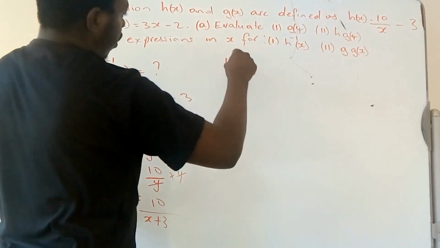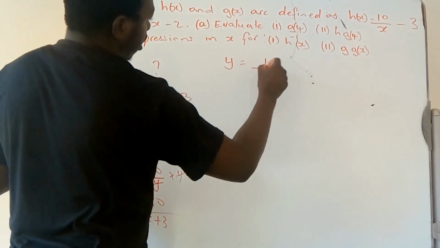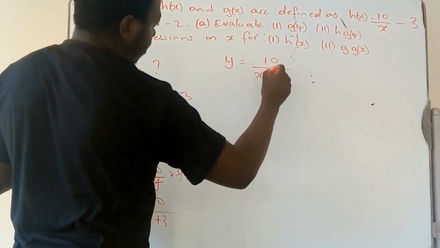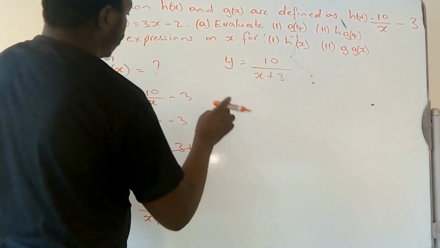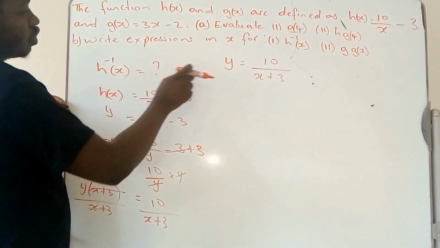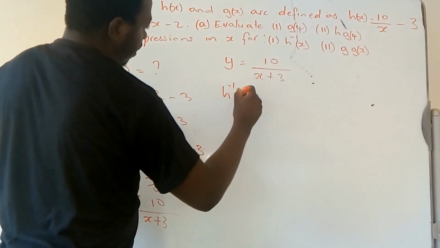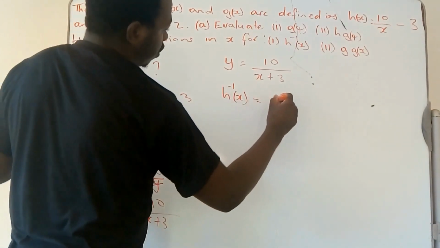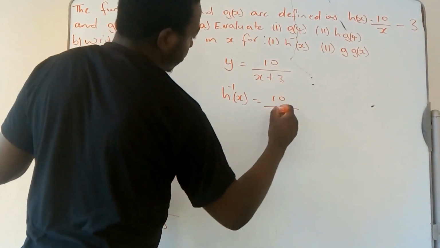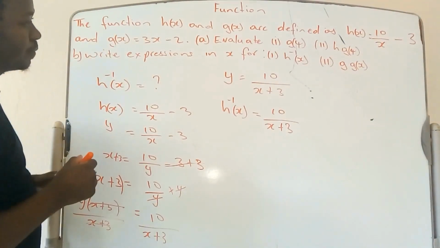We know that y is equal to 10 all divided by x plus 3. But we don't want y, right? We want h inverse of x. So replace this y with h inverse of x, which is equal to 10 divided by x plus 3. And that's it.